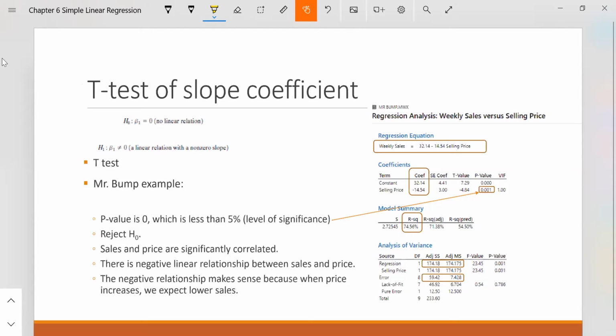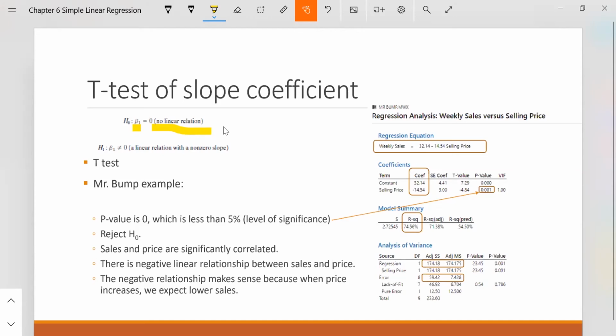Okay, so in terms of the t-test, we are testing beta 1, the slope coefficient, because if beta 1 is 0 in the model, then basically X will be dropped from the model and Y is not related to X. And that is something we never want to see. It happens sometimes, not that often, but it is something that we don't desire.